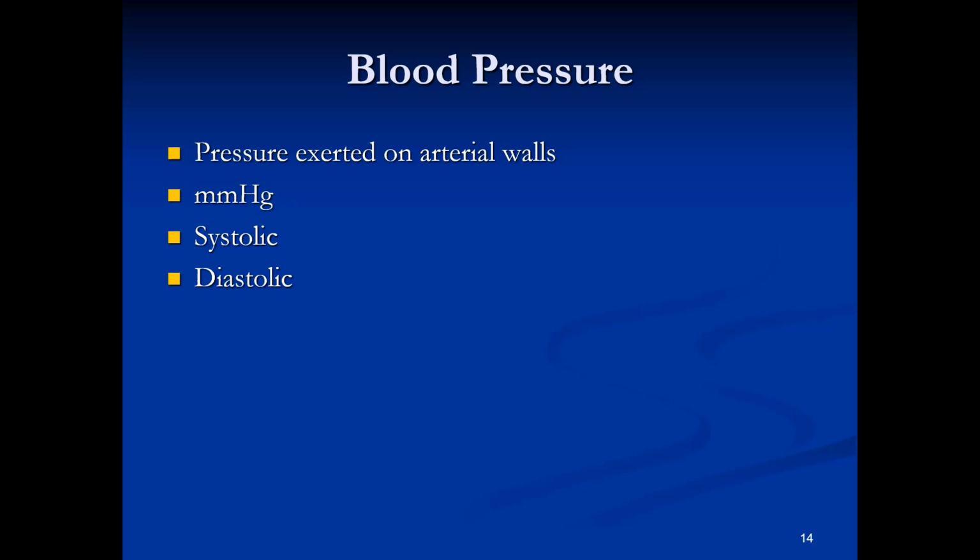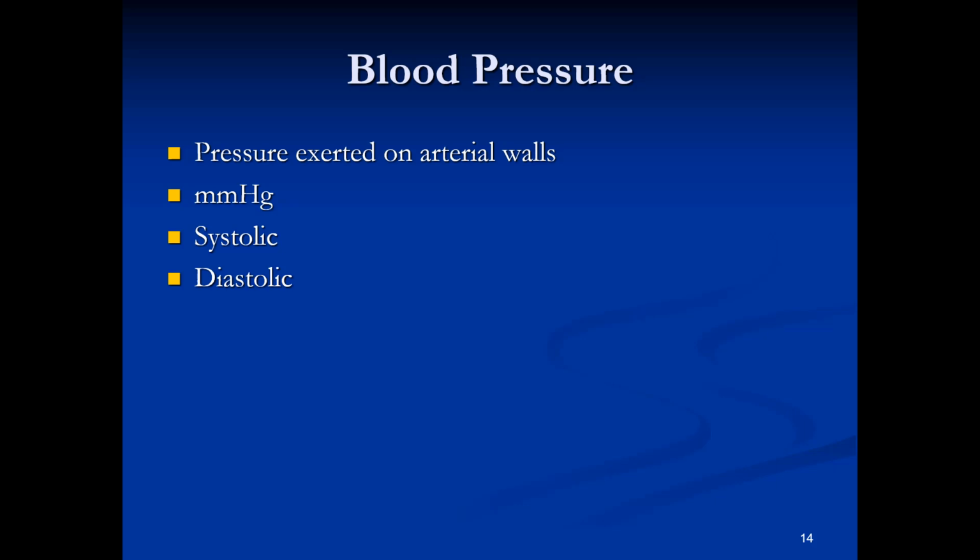Systolic is the pressure on the arterial walls when the heart is contracting. So remember, systole meant contraction. So during the contraction phase of the heart, that is the systolic blood pressure. When the heart relaxes, the pressure in your vessels is going to drop a little bit, and then that's your diastolic blood pressure.